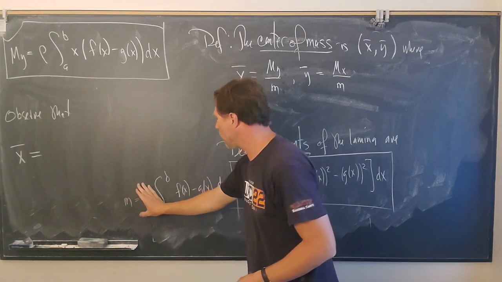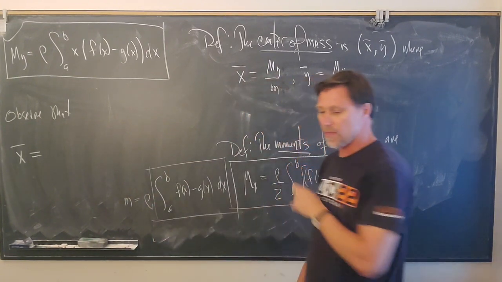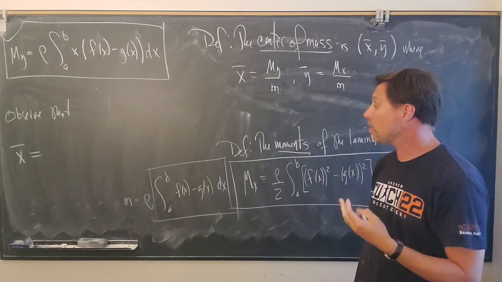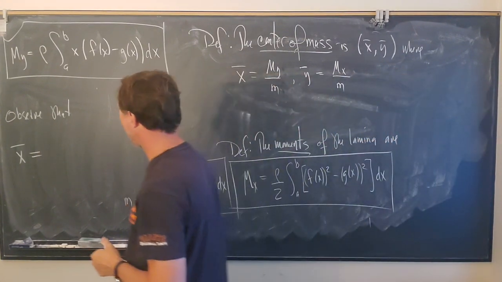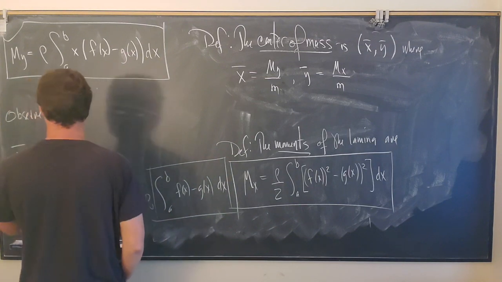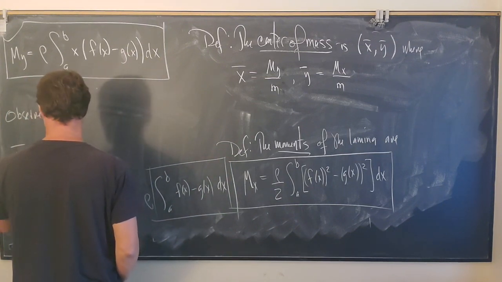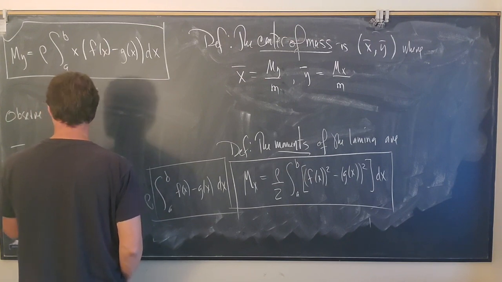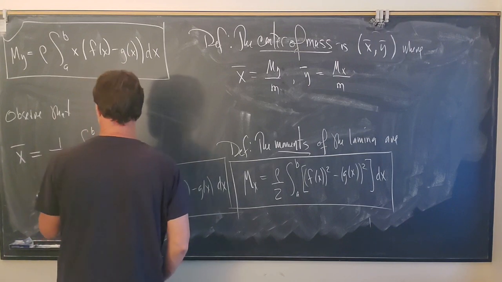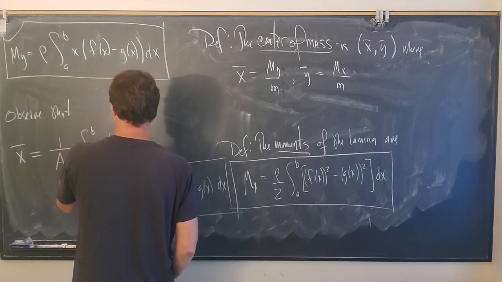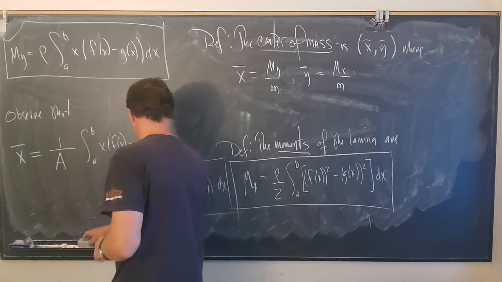If you take rho out of there, notice you have this integral right there, and what is that? That is exactly the area of the region. So here's a way to think of this. x bar is equal to 1 over the area of the region times the integral from a to b of x times f of x minus g of x dx.